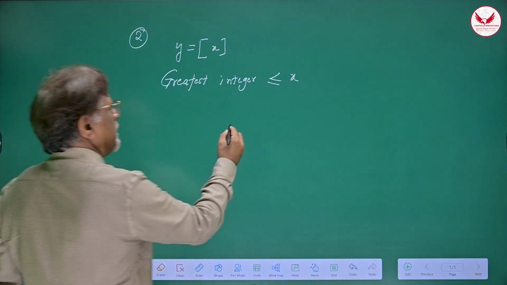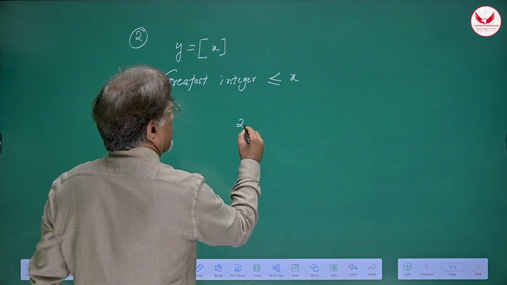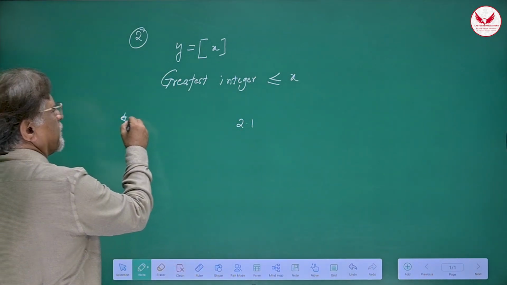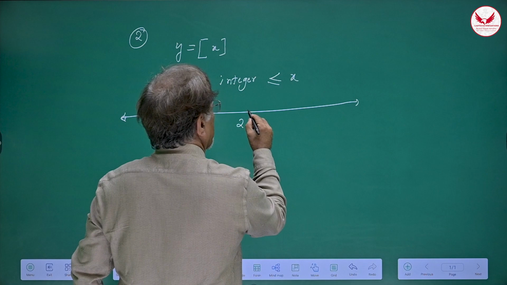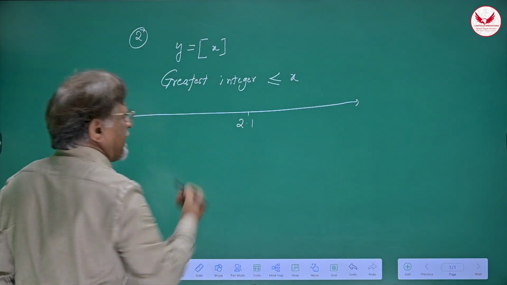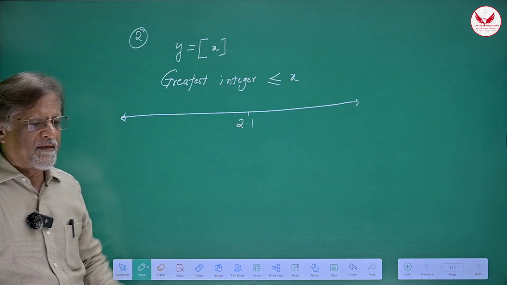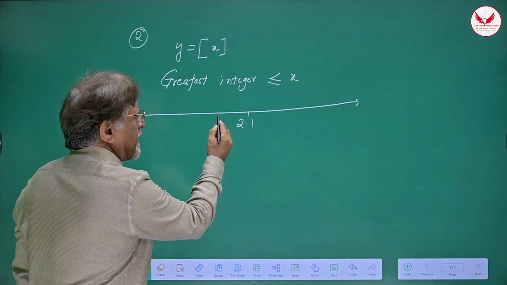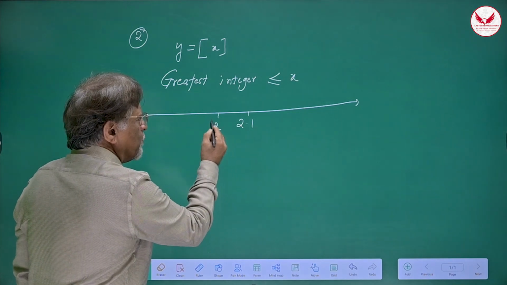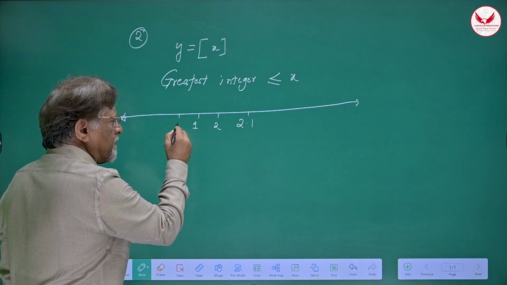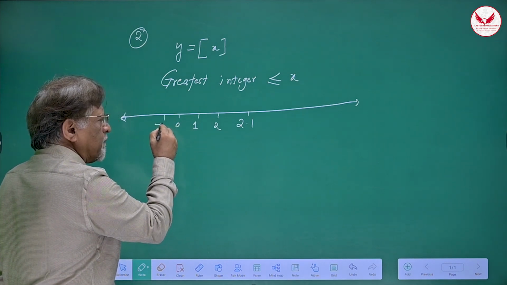For example, if I give you a number, say 2.1, and this is a real line. Here is a real line. ये number है 2.1. So उससे छोटा वाला integer चाहिए. ये integer नहीं है. This 2.1 is a real number, not an integer. उससे छोटा वाला integer कौन सा है? 2. उससे भी छोटा वाला कौन सा है? 1. उससे भी छोटा कौन सा है? 0. उससे भी छोटा कितना है? -1.